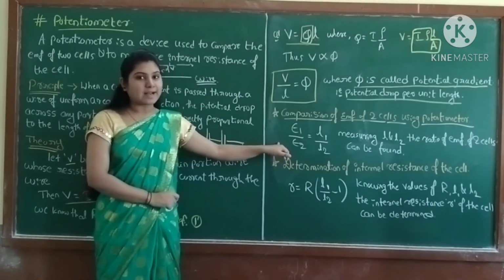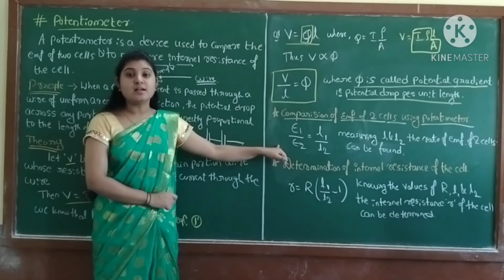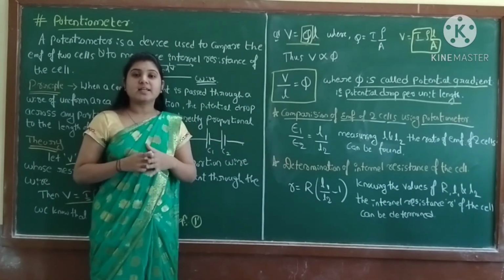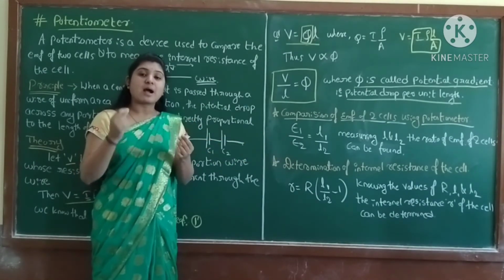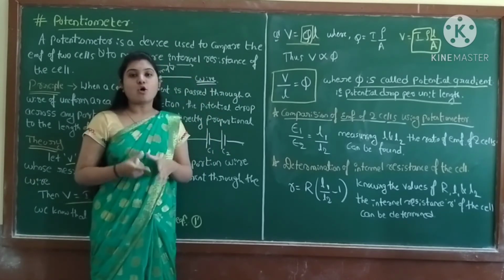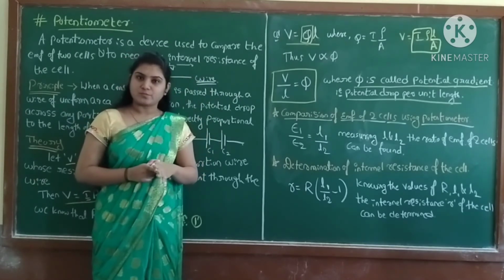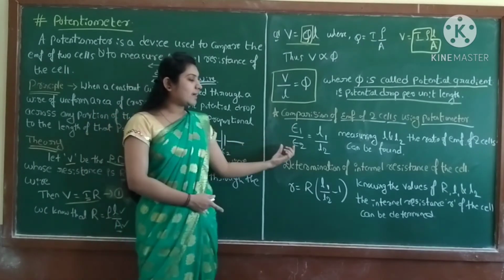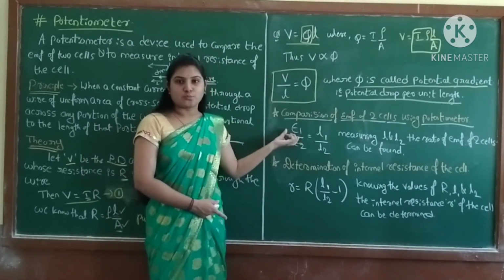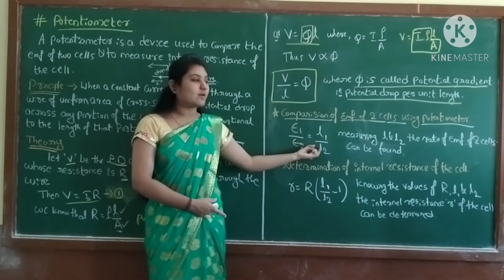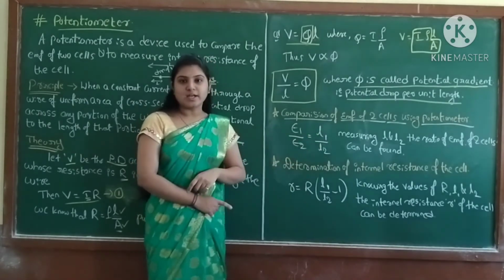This you will do in the practical. There you will understand it better, how we make the circuit connection and how we apply the principle of the potentiometer there. So, here we get one formula, ratio E1 by E2 is equal to L1 by L2.